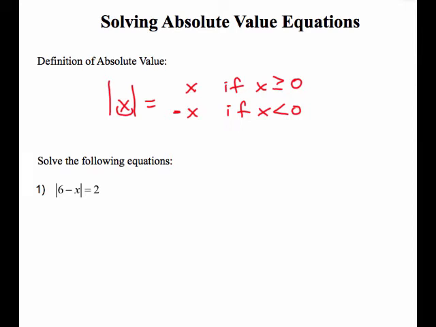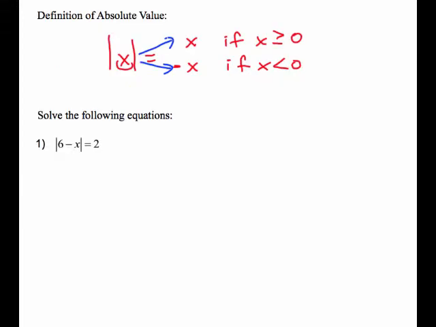So the solving of absolute value equations involves breaking your expression into pieces. So here's a simple absolute value equation. Let's break it into its two pieces. So we have to consider where the inside is positive and where the inside is negative.